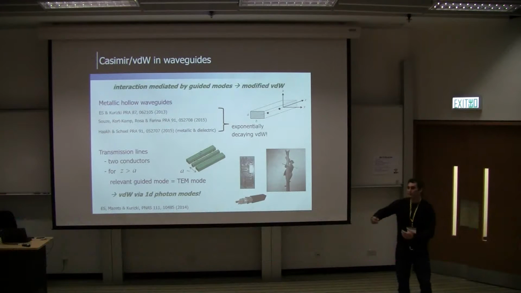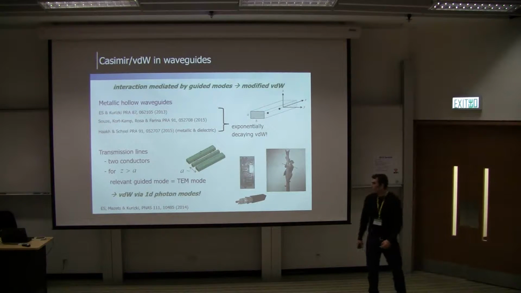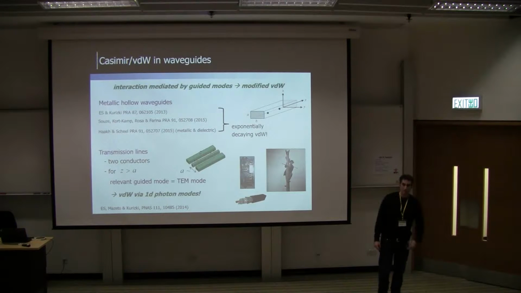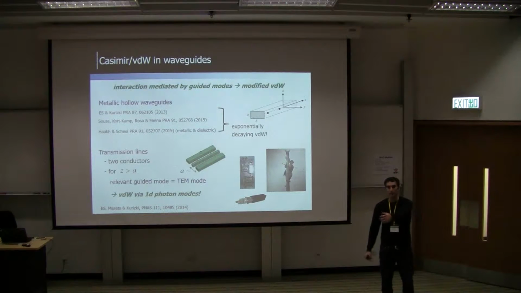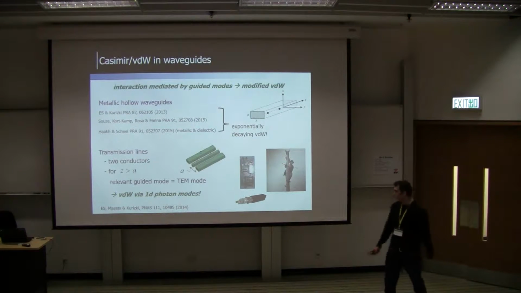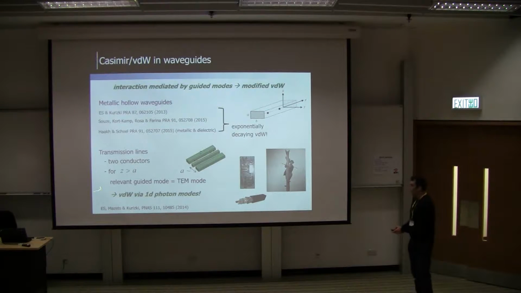There are many transverse modes that mediate interaction, but the most dominant one is called the TEM mode, and this mode really behaves like one dimension. It goes like e^{ikz} and has no dispersion, namely linear dispersion. So then you can start talking about Casimir effects in one dimension.